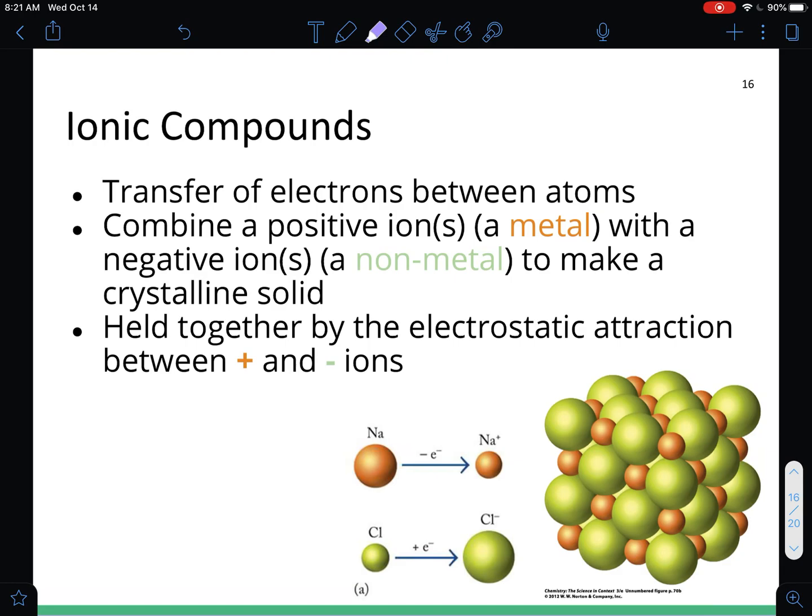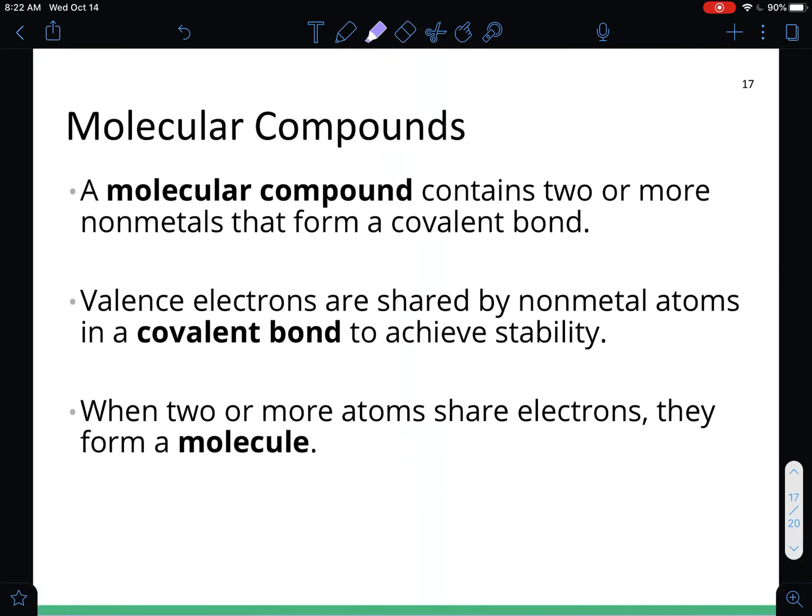All right, another example with ionic bonds, transfer of electrons between atoms, and this happens when we have a positive cation, which is metal, and a negative anion, or a nonmetal, and they form an ionic bond between those two ions.